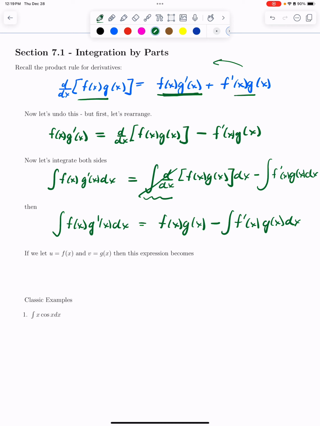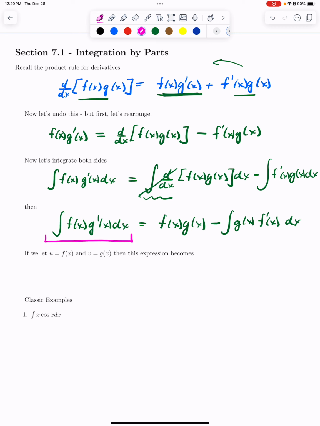I'm going to rewrite this, the g first, so it really will become g of x f prime of x dx. And the reason I did that is because this right here is the expression for integration by parts, where this is the integral we're trying to solve, and we do it by naming part of that integral as f and the remaining part g prime of x dx.